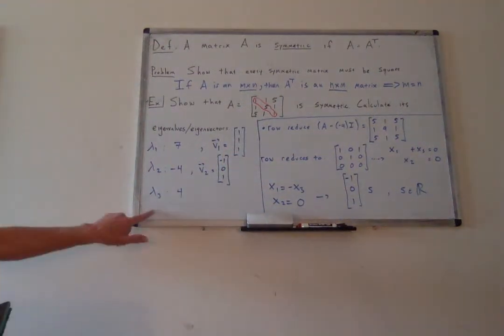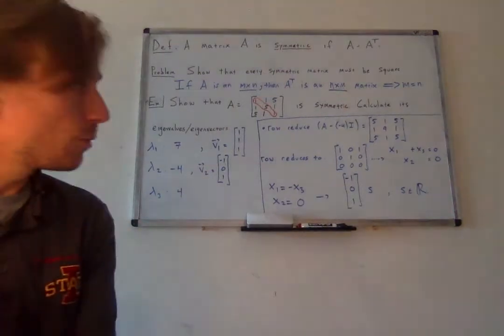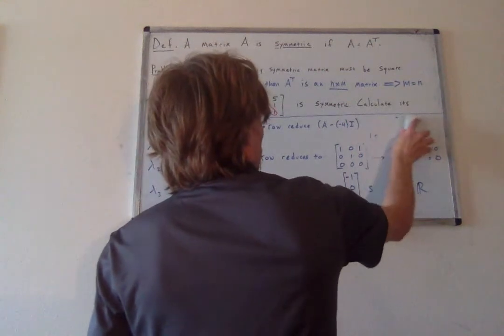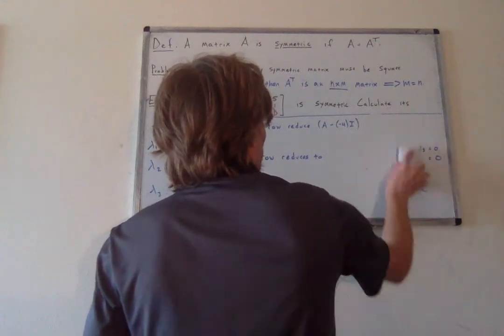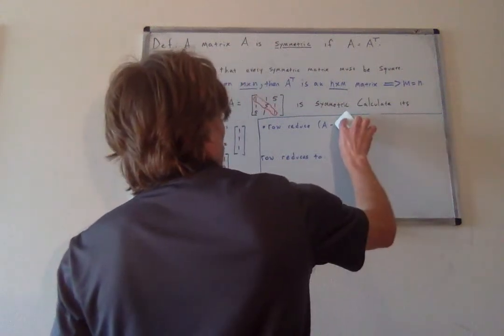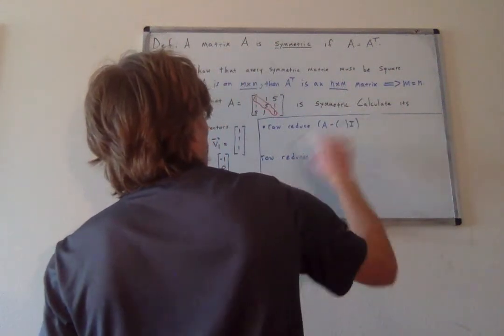So now we'll finish off by doing the same thing for lambda 3 equals 4. So it'll be almost the same thing, but instead of subtracting -4 off of the diagonal entries, we want to subtract +4 off the diagonal entries.